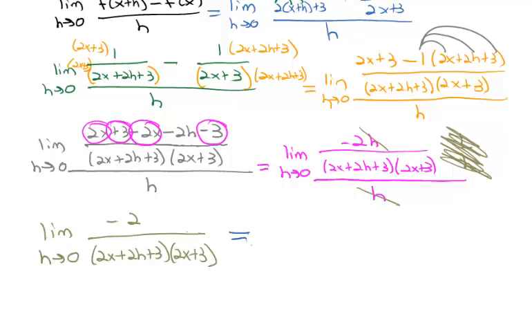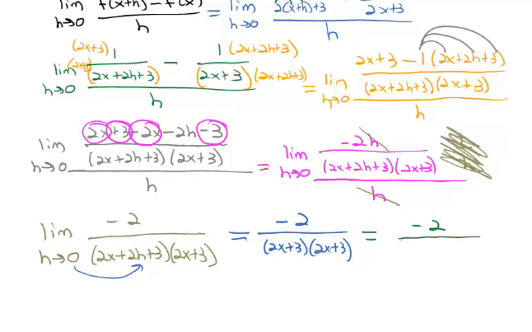Now that we don't have just h in the bottom, we can plug that 0 into the h. 2 times 0 goes away, so we have negative 2 over 2x plus 3 times 2x plus 3. Or maybe we can clean it up by writing negative 2 over 2x plus 3 squared. This is the derivative, the slope of the tangent line at any point x.